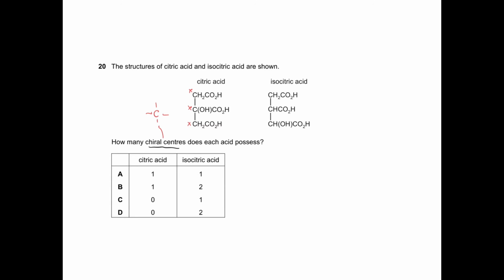And how about these 3 carbons, which are the carbons at the CO2H, CO2H, and CO2H. So we know that CO2H has a double bond. If it has a double bond, we can just disqualify it straight away, because as long as it has a double bond, it fails to fulfill the requirement of linking to 4 different groups.